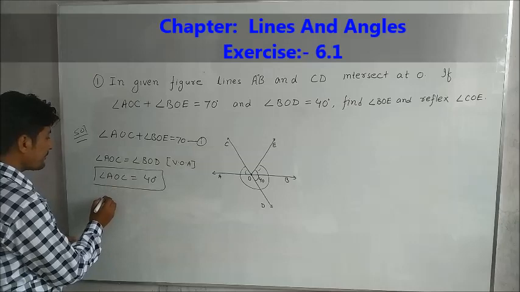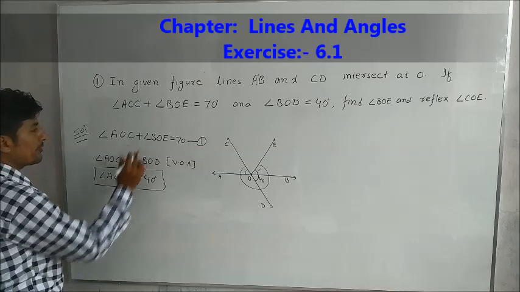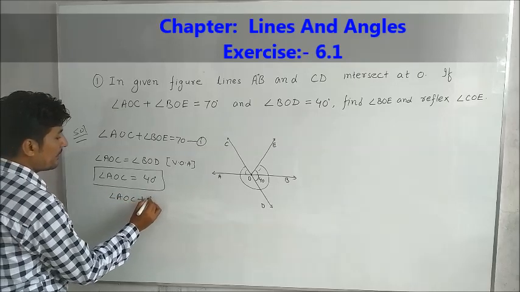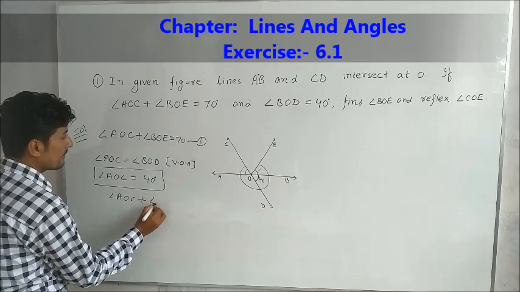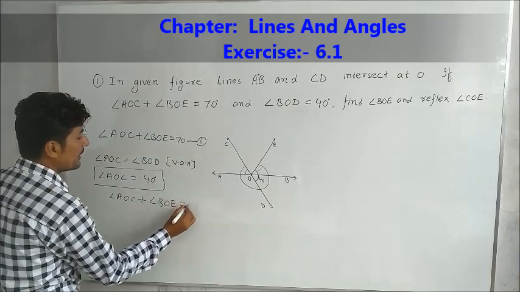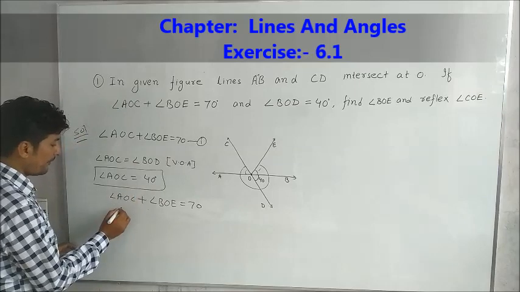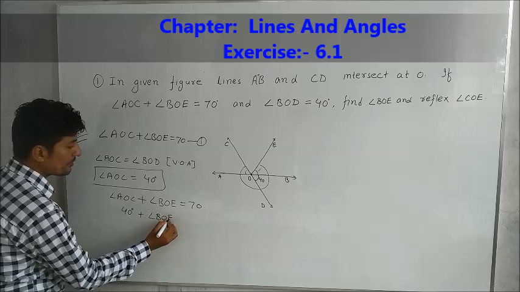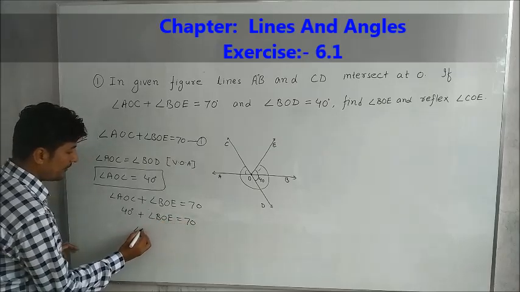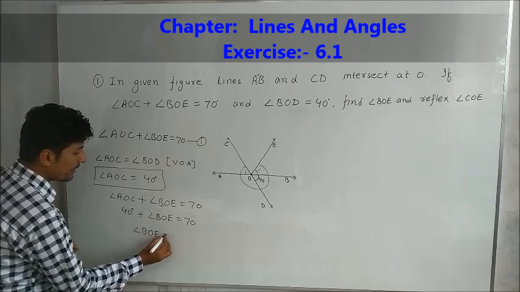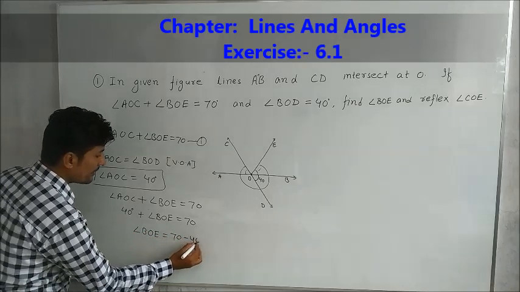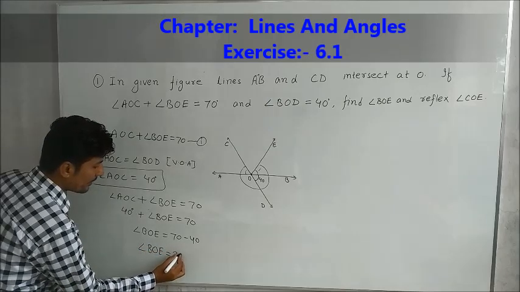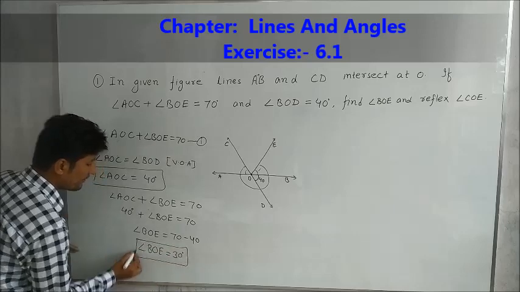So angle AOC plus angle BOE equals 70 degrees. In place of AOC we place 40 degrees, plus angle BOE, equals 70 degrees. Finally, angle BOE equals 70 degrees minus 40 degrees, so angle BOE equals 30 degrees.